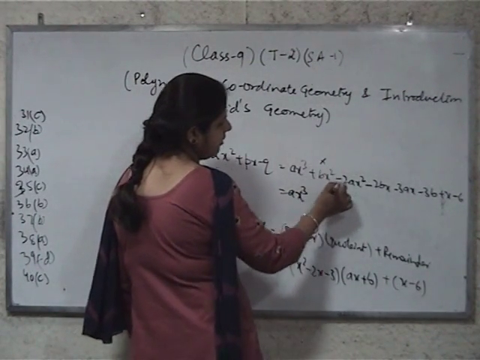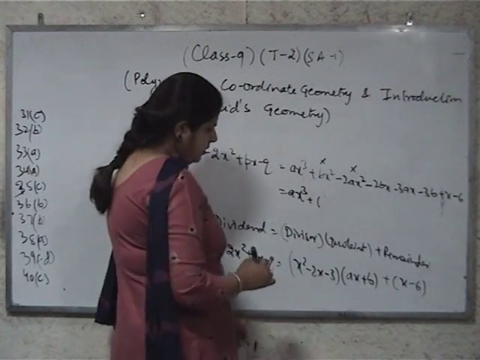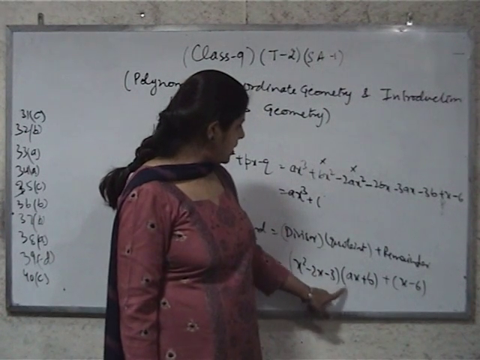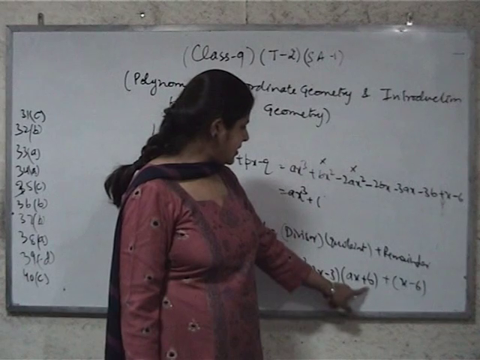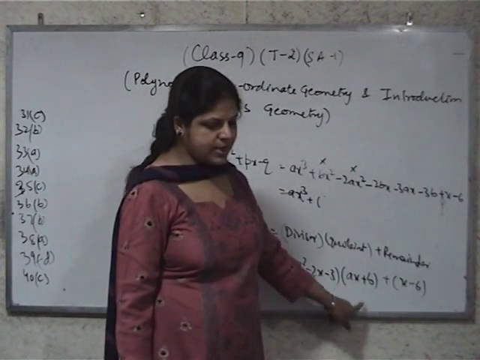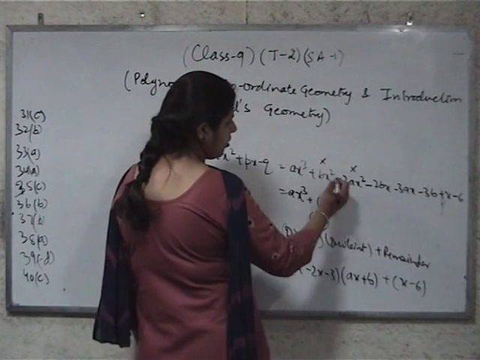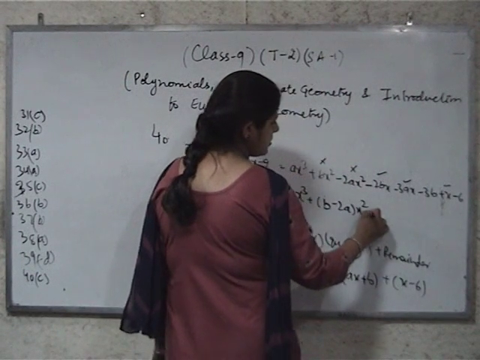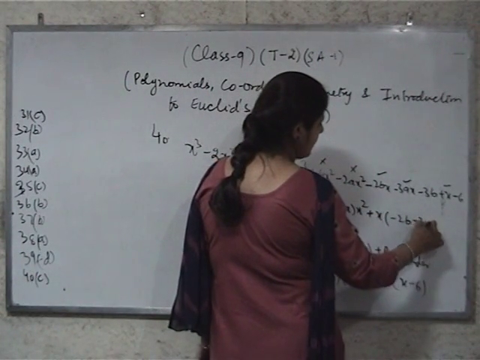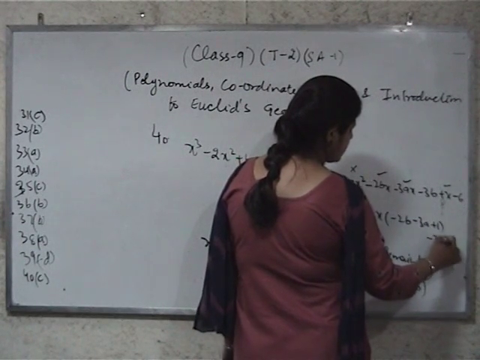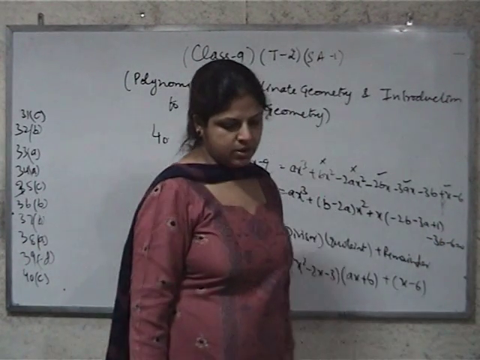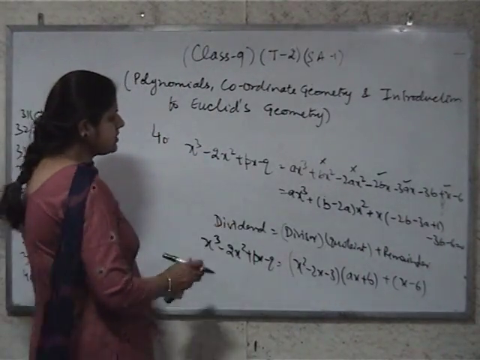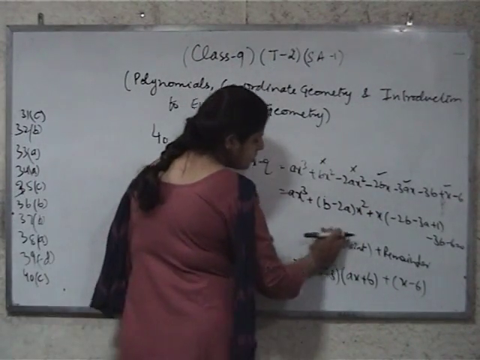For square I have these two terms: b minus 2a. With x I have these three terms, so I take x common: minus 2b minus 3a plus 1. And the constant is minus 3b minus 6.